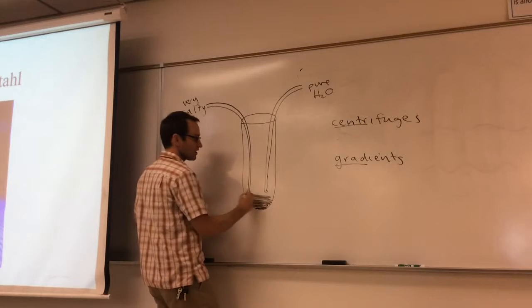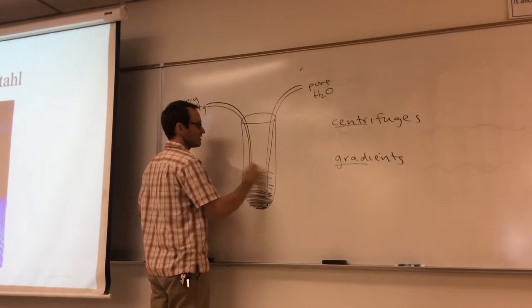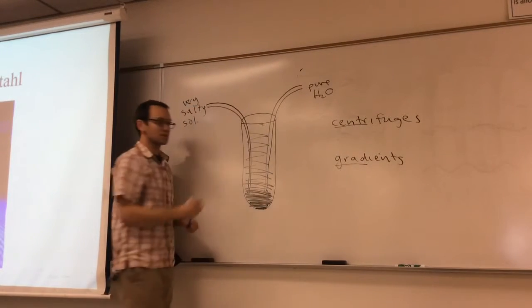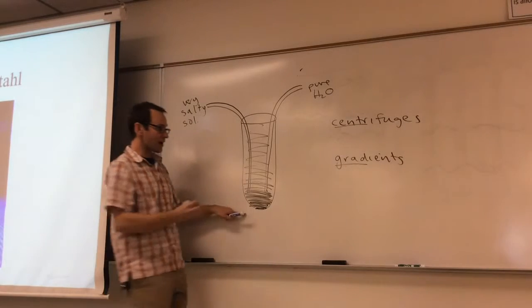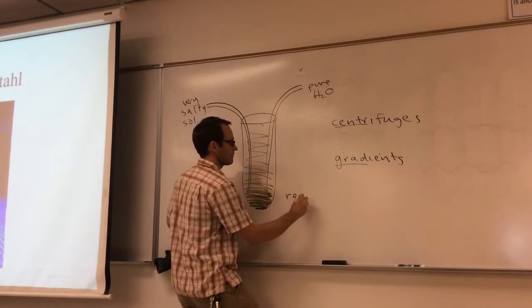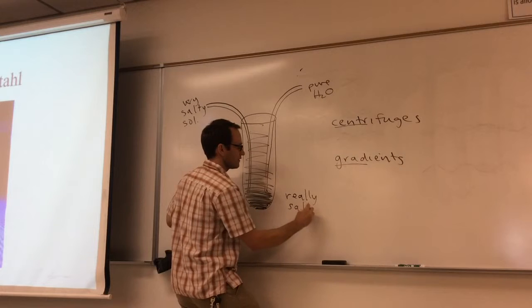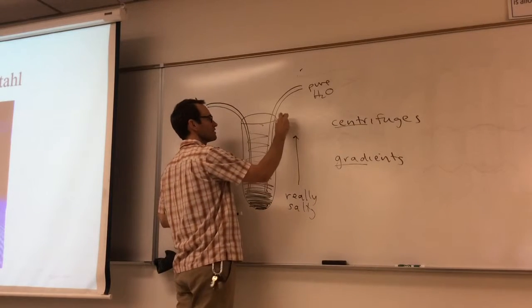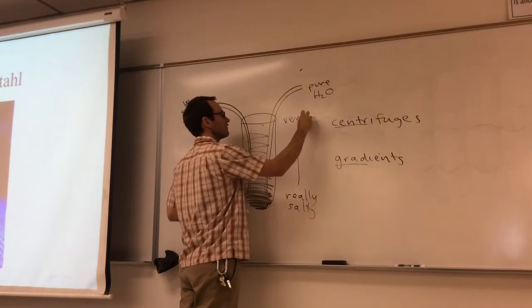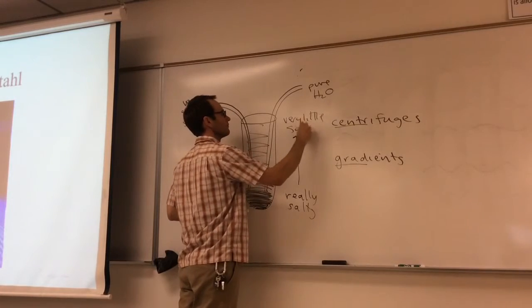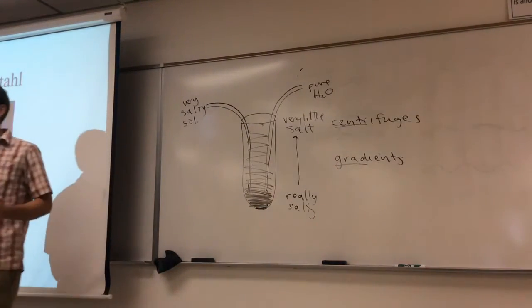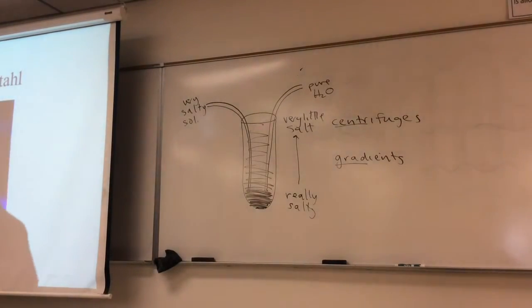What will happen is I'll have this tube that gets salty, less salty, as it goes up to the top. So the bottom here is going to be really salty, and the top here is going to be very little salt. And that's a gradient, all right? It's a gradient in saltiness.